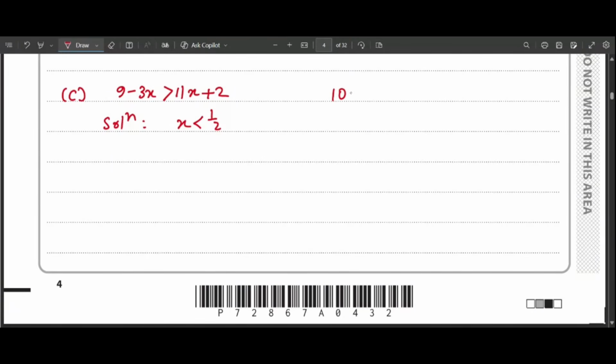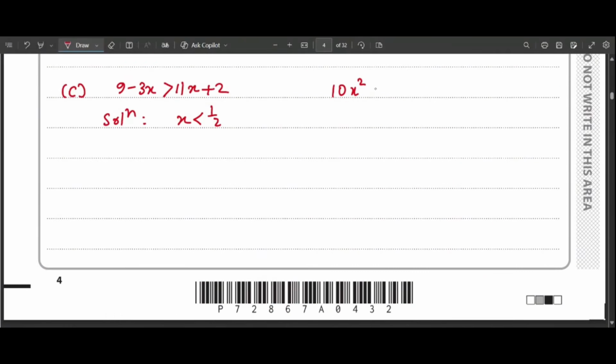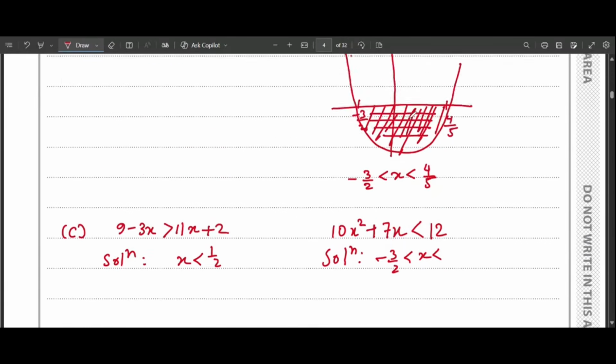For our second inequality, 10x square plus 7x is less than 12. For this inequality, I can say that the solution is minus 3 by 2 is less than x, but x is less than 4 by 5.